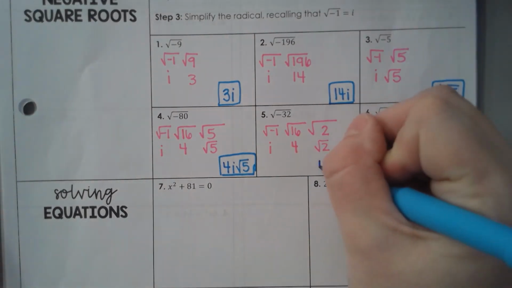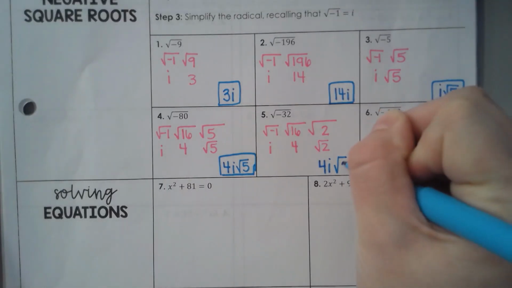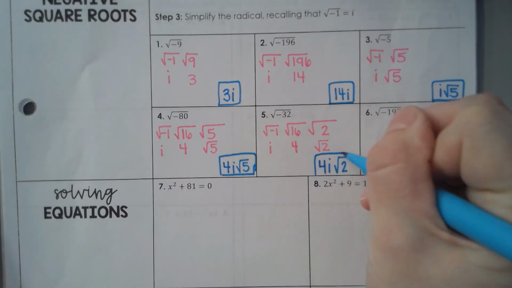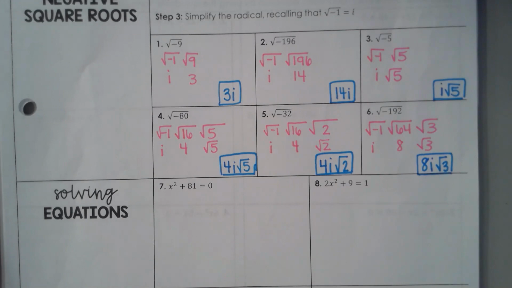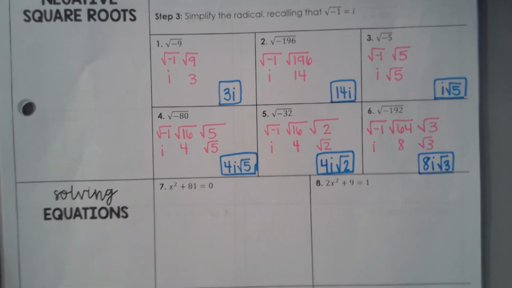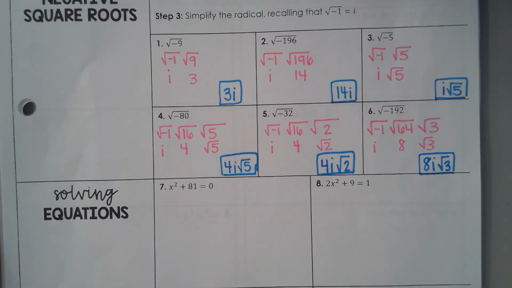So my answer is 4i square root of 2. I want you to try number 6. Your answer should be 8i square root of 3. Any questions?